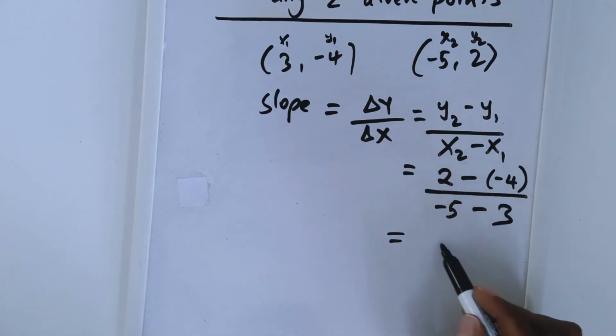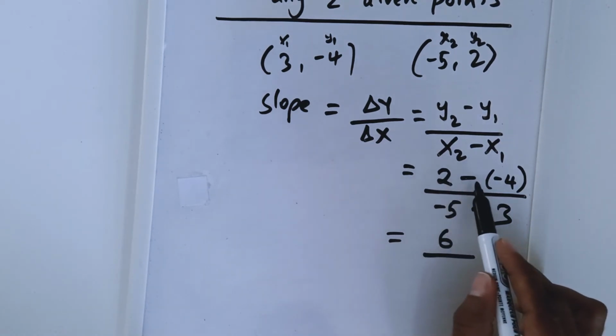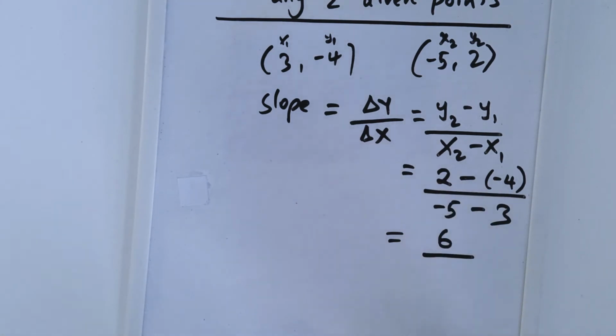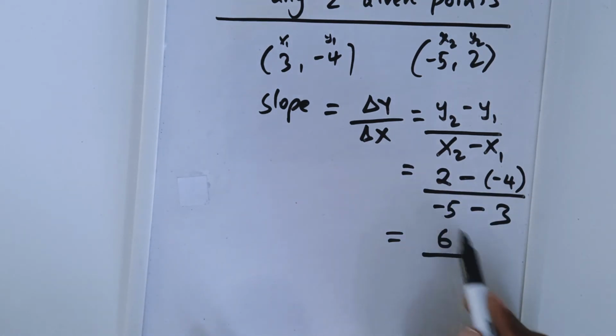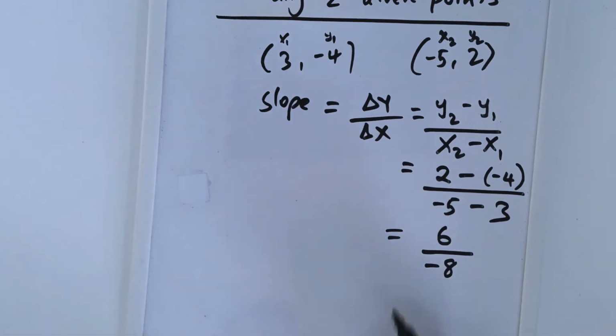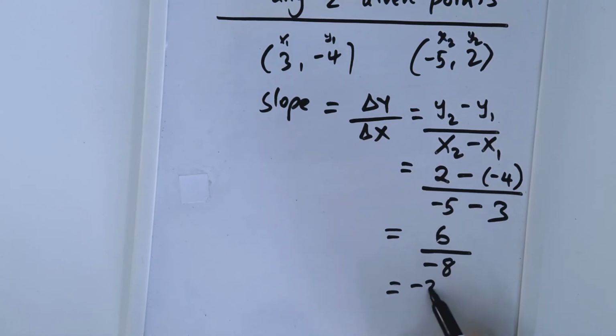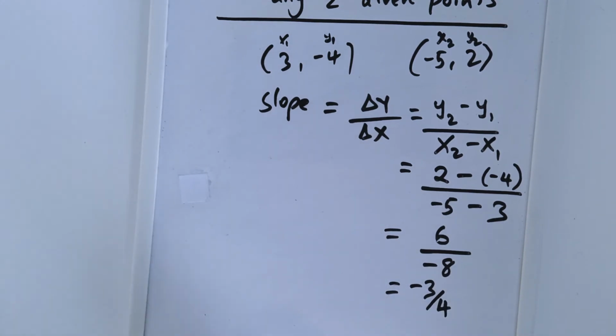So this becomes positive 6. 2 minus negative 4 gives me 6. And the bottom is negative 8. Okay, so when you simplify this, you divide this by 2 and that by 2, so you get negative 3 over 4 as the slope.